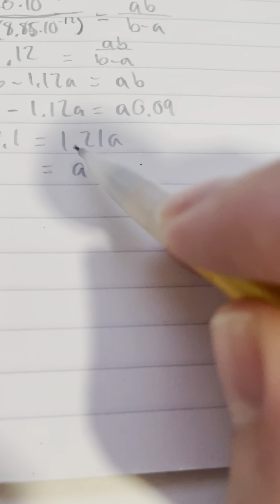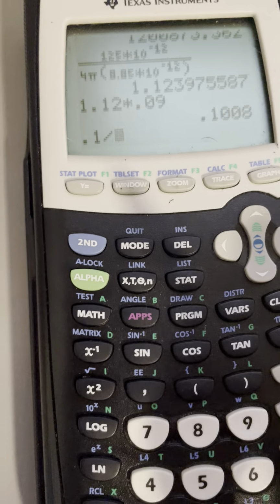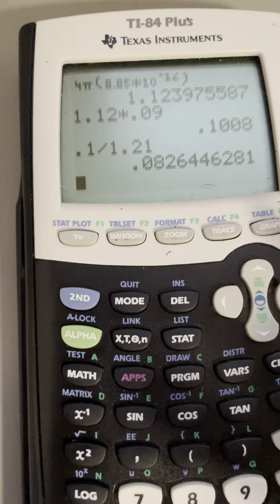Okay, and so from here we just add that 1.12 times A to this one, and then we get 0.1 equals 1.21A, and then A from here will equal, so you divide 0.1 by 1.21.